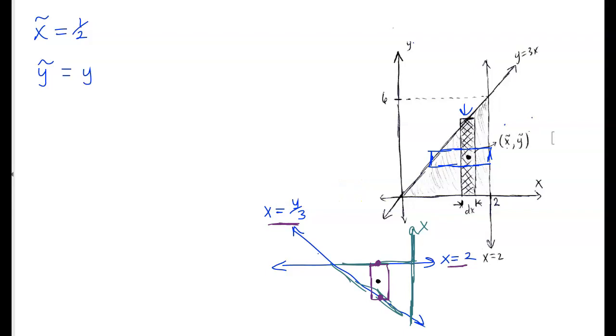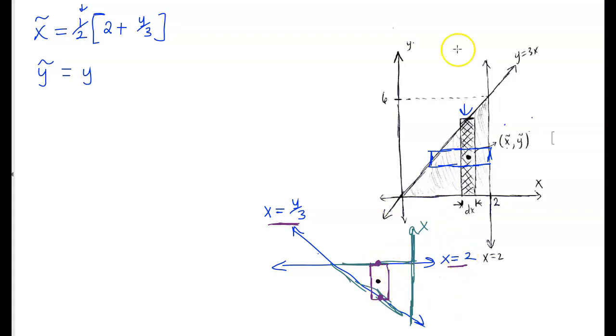So all of that to say that this x tilde is going to be 1/2 of 2 plus y divided by 3. And then of course that's multiplied by 1/2 to get to that x coordinate there.